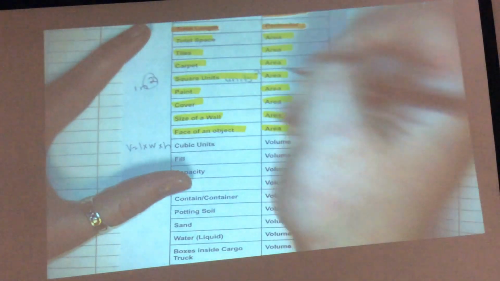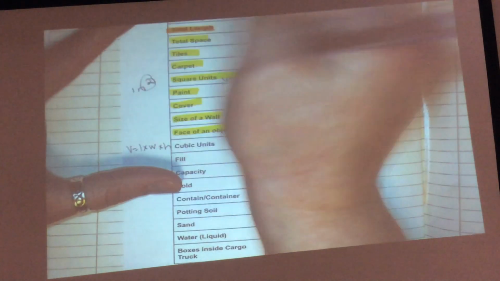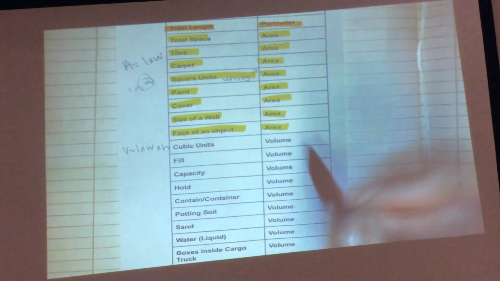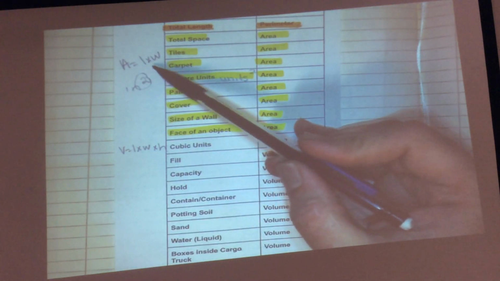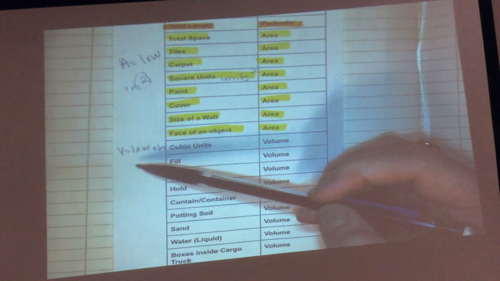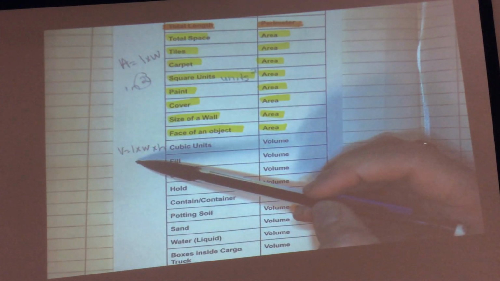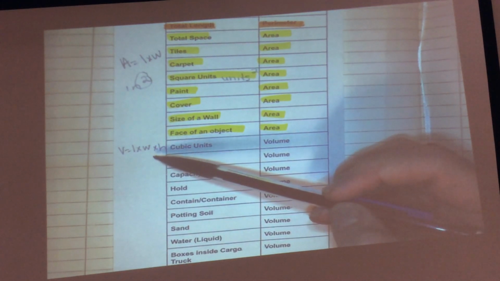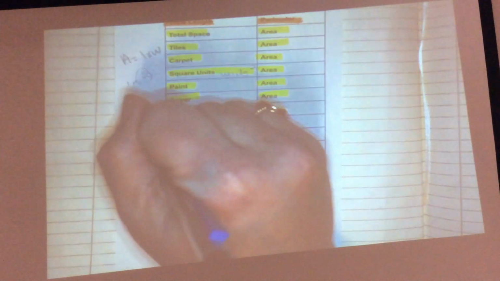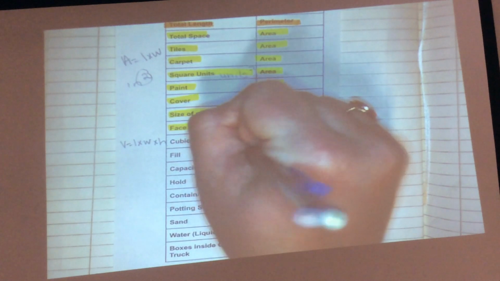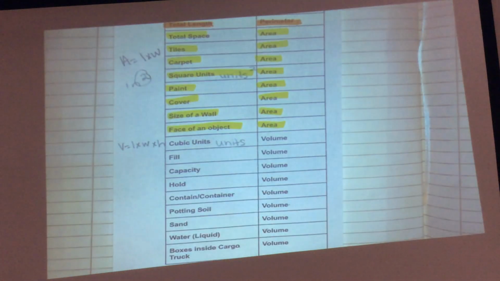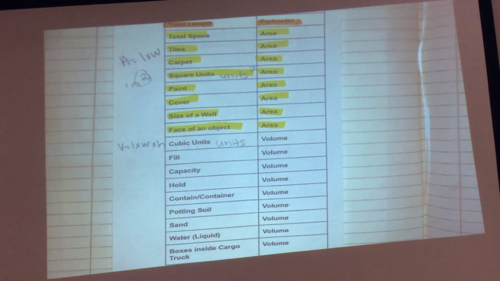I'm going to go up here next to area and write A equals length times width. If my units were squared when I'm multiplying two things together for area, what do you think it would look like if I'm multiplying 3 sides together? Units what? What does cubic look like?